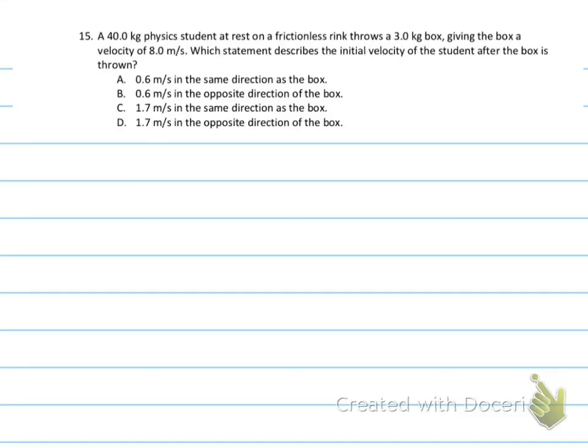Number 15, let's see, we have a physics student, 40 kilograms, so mass 1 equals 40 kilograms, at rest on a frictionless rink, so their initial velocity was 0.